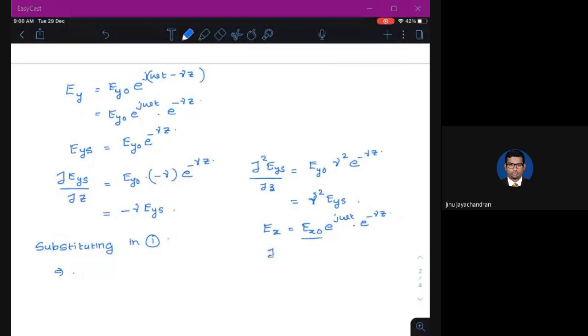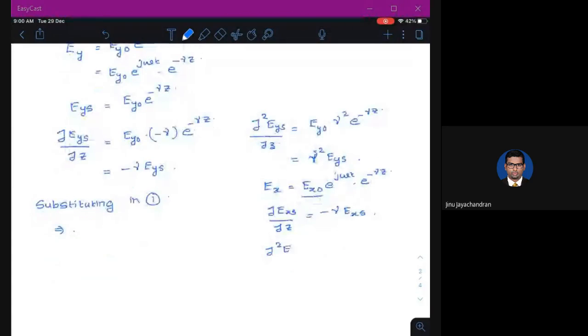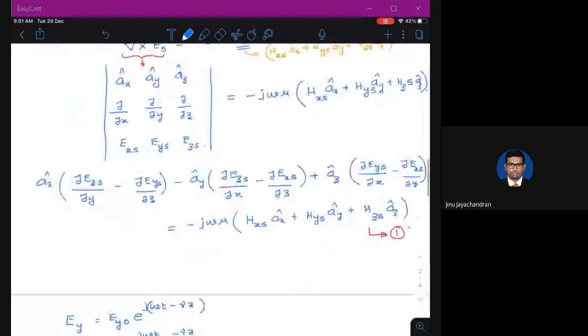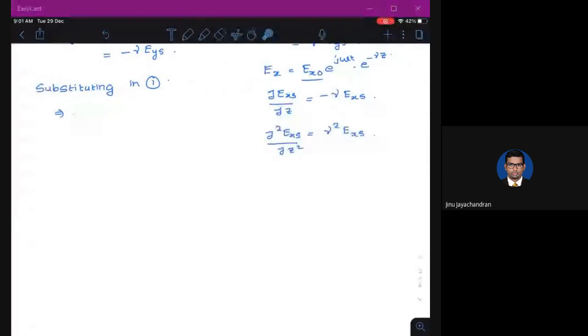So dou EXS by dou z is equal to minus gamma EXS and dou square EXS by dou z square is equal to gamma square EXS. Because we have that dou EXS by dou z also in this expression, which we need to substitute. Okay, so let's substitute all these expressions in equation number 1.